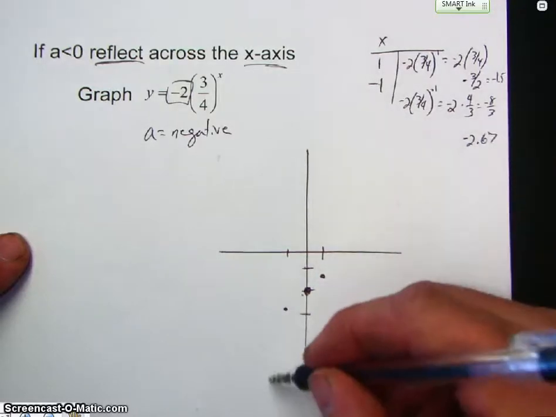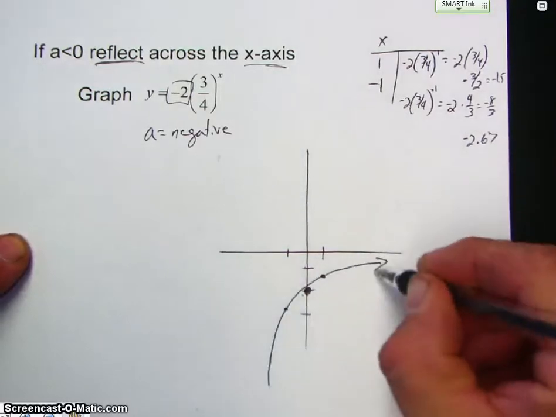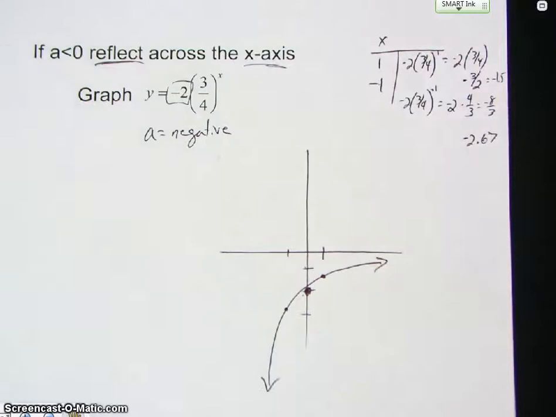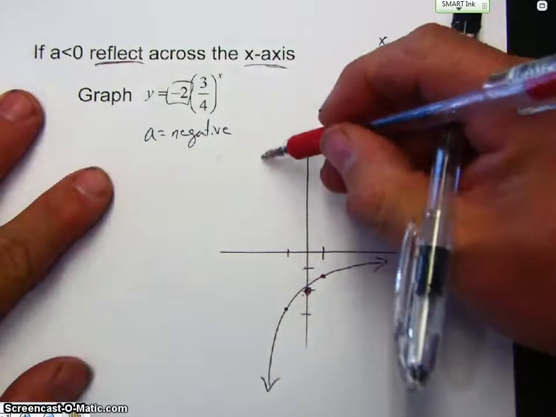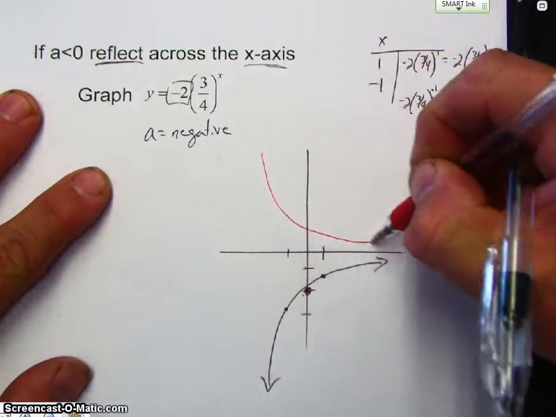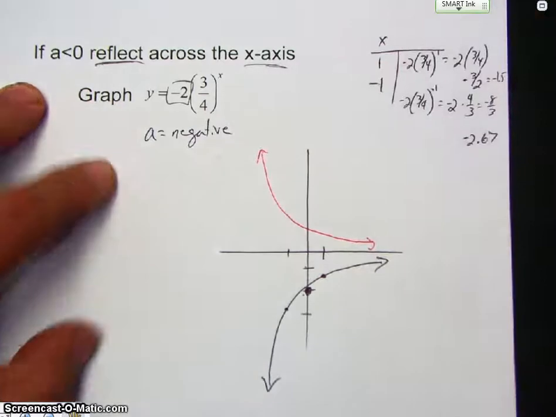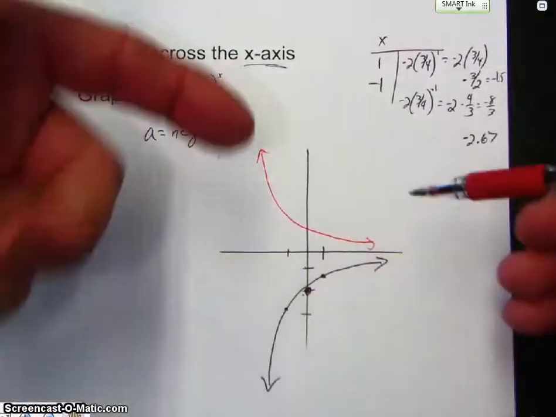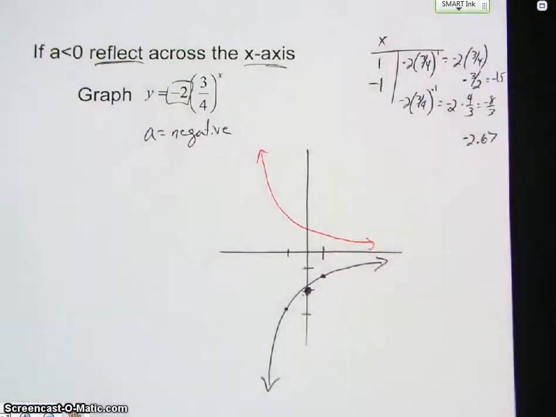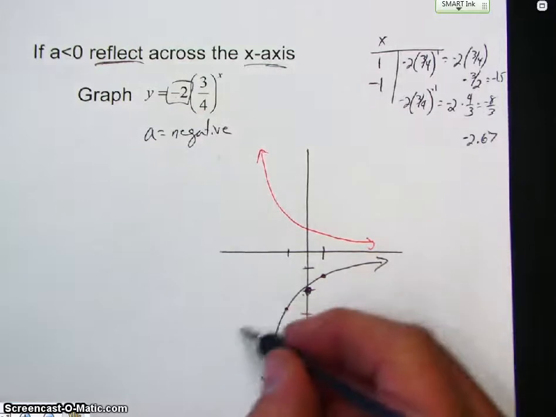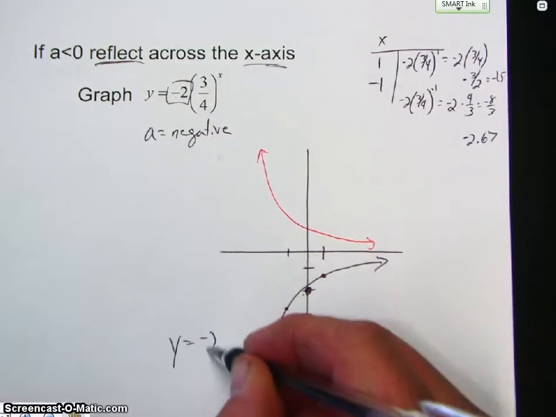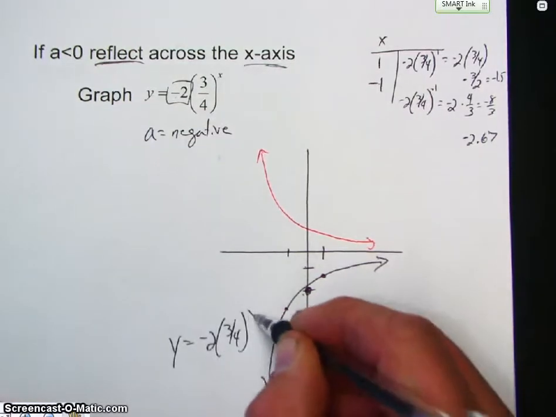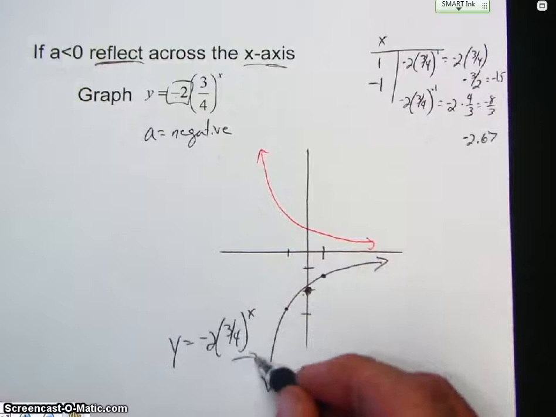Now if I draw this to scale, it should look something like that. Originally it should look something like this, but since it's negative, it's reflected over the x-axis. So this is y equals -2 times (3/4)^x. That's that graph right there.